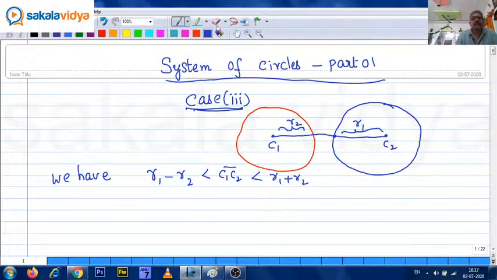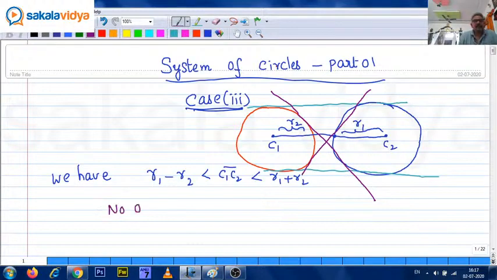So how many tangents can be drawn? Here one tangent, here also one tangent, and we can draw tangents like this also, and like this. So the number of tangents is equal to 4.